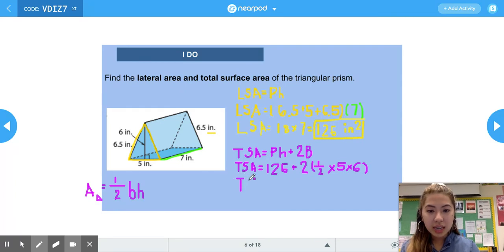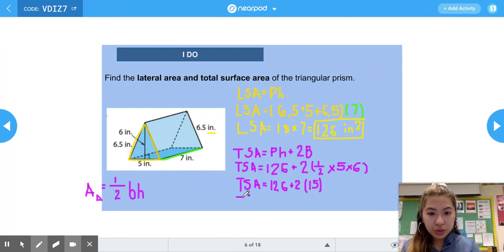So then we have TSA is equal to 126 plus 2 times half times 5 times 6. 5 times 6 is 30. Half of 30 is 15.